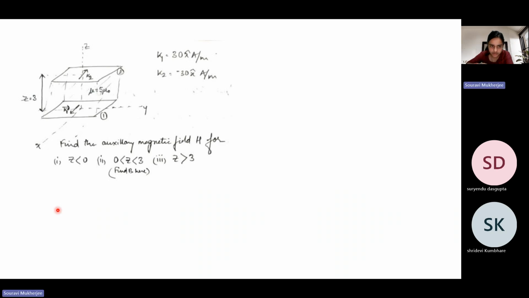It's not that difficult, right? What is the field for z less than 0? That's a very standard question. There's no response, guys.